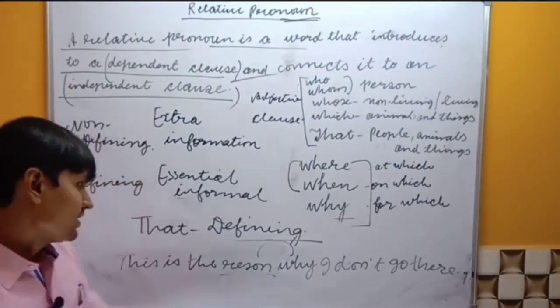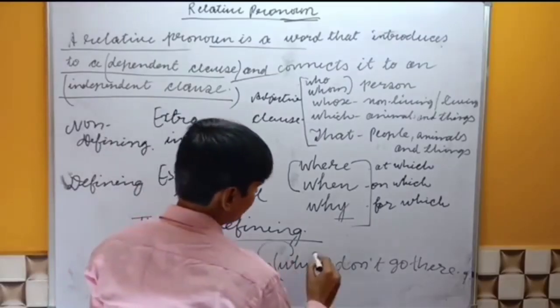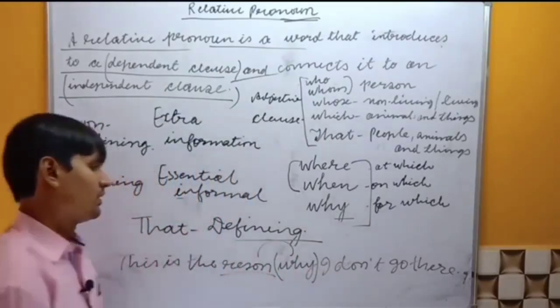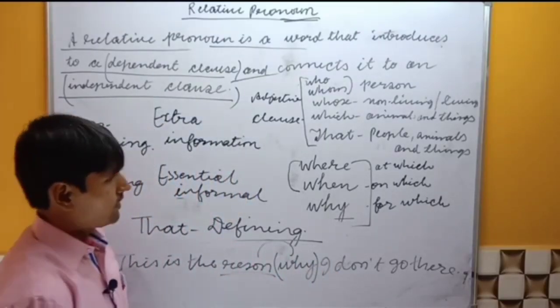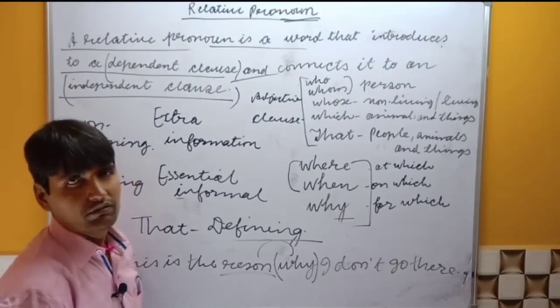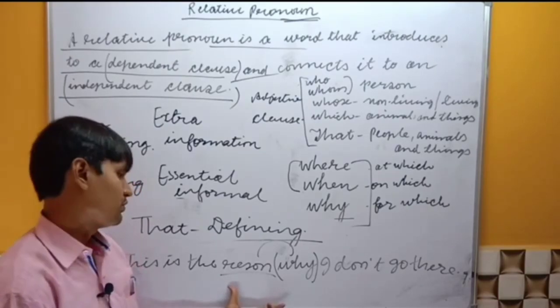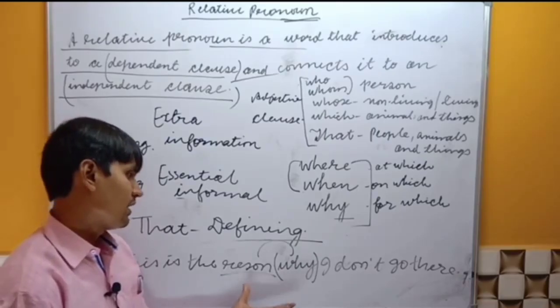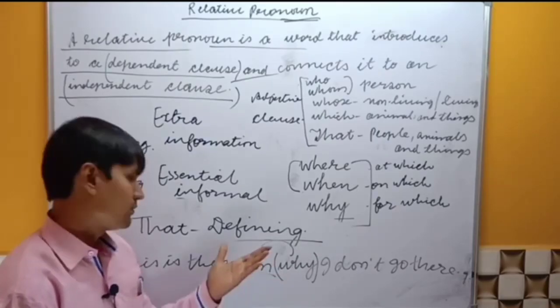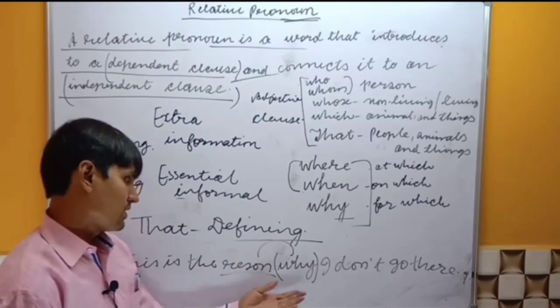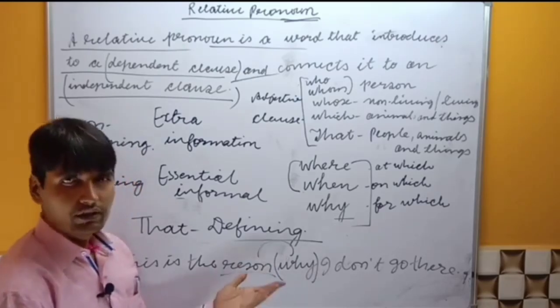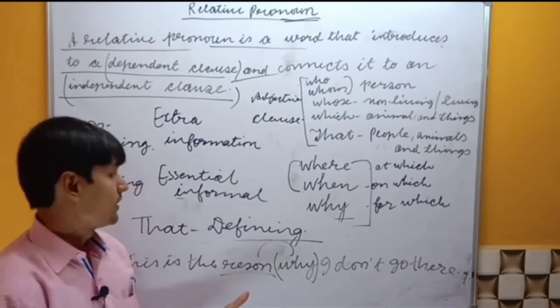In place of why, sometimes that is also used here, but because you are using the reason clearly, to show the reason we have to use why. But in place of why you can also use that in some other senses, okay.